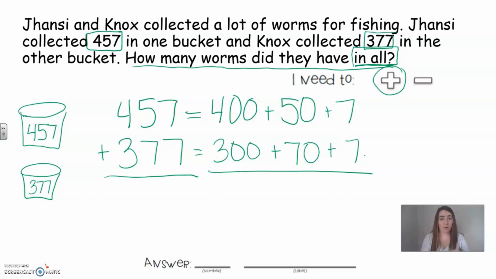Start with your ones. Always start with your ones. 7 plus 7 equals 14. So we keep our 4 and we carry our 10. 10 plus 50 equals 60. 60 plus 70 equals, oh, that's tough, 130. So keep your 30, keep your 10s, and carry your 100.